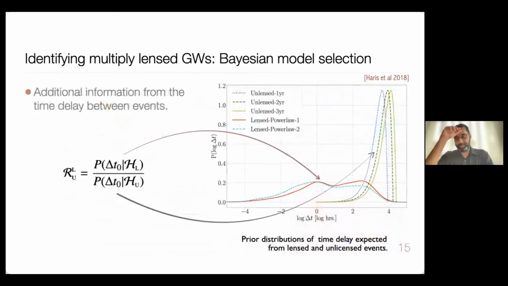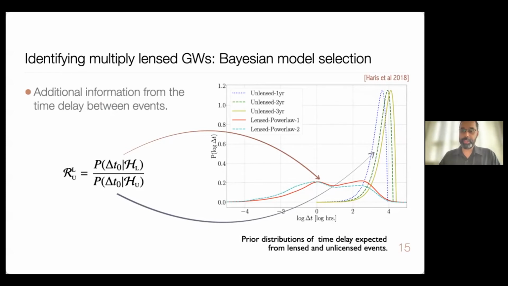So apart from this consistency of the observed parameters, one can also make use of the understanding of the distribution of time delays that lenses would produce. For example, this can be done by forward modeling, because we know the distribution of large-scale structure in the universe.